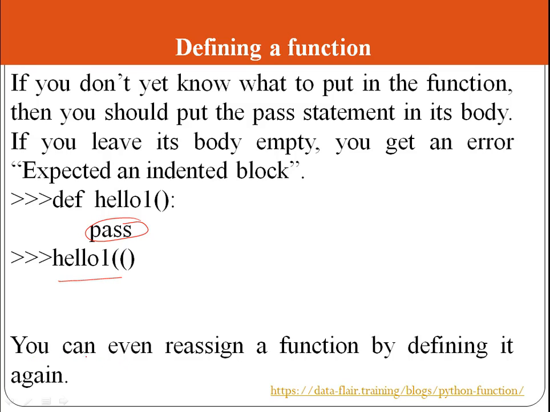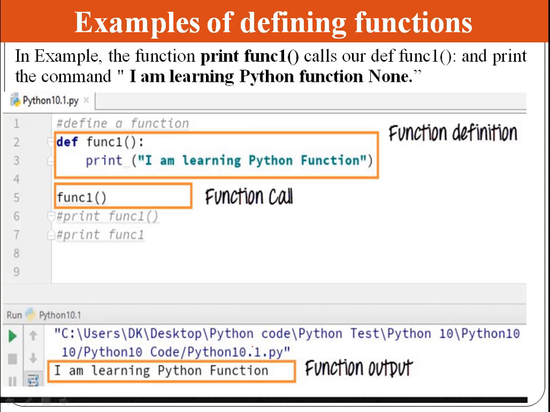Let's see examples. We know this is a comment, this is the keyword, and this is the name of the function, open close parenthesis, colon. There is only one statement under this function, and in the body of this function that is the print statement, I am learning Python function.